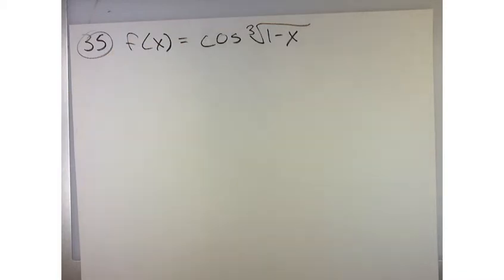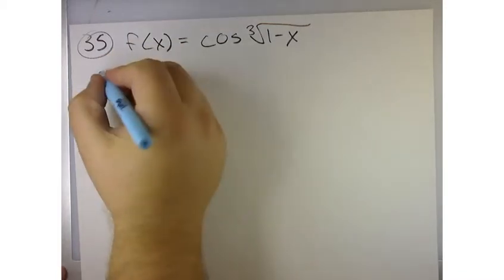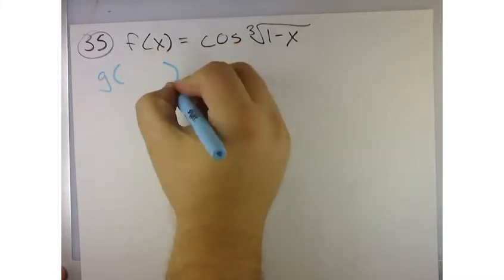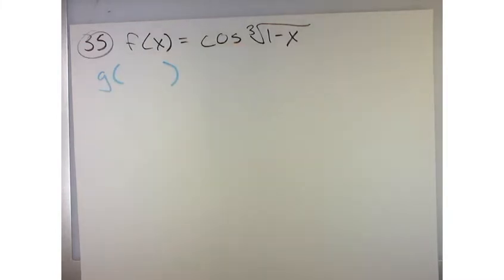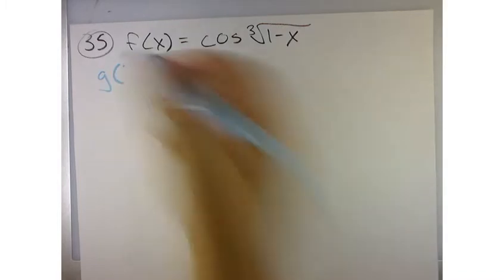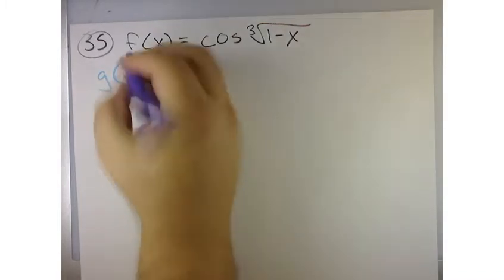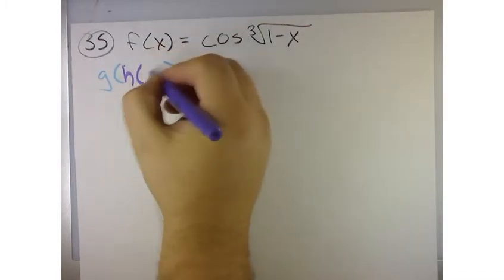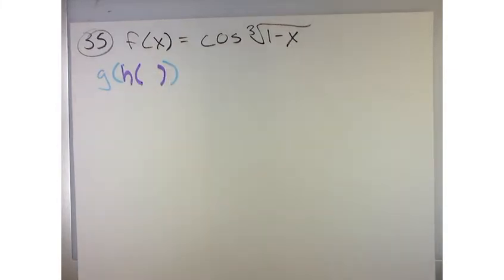What if I were to say this is g of h of k of x.